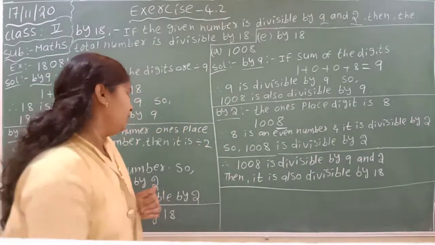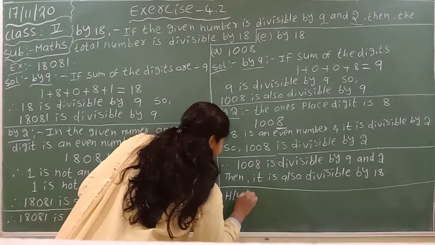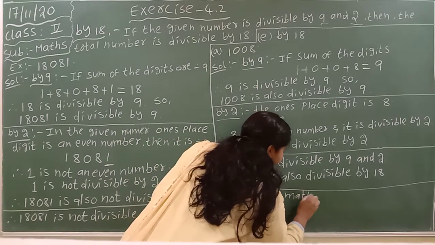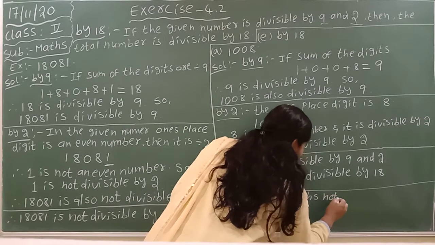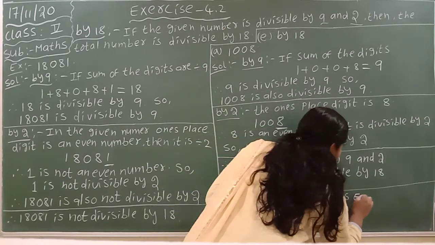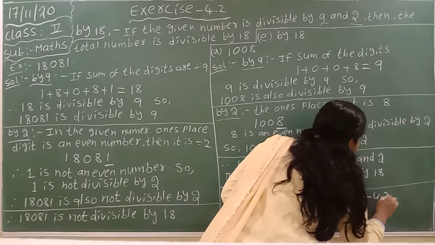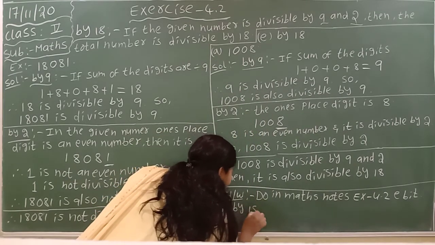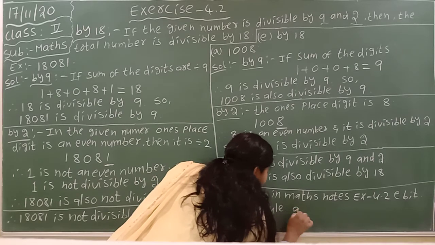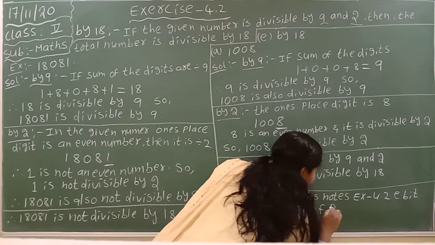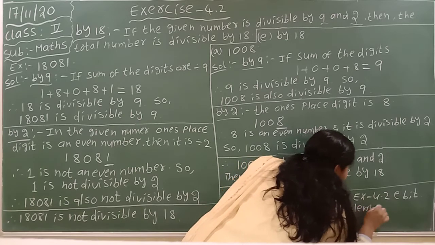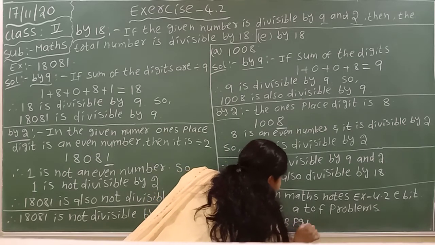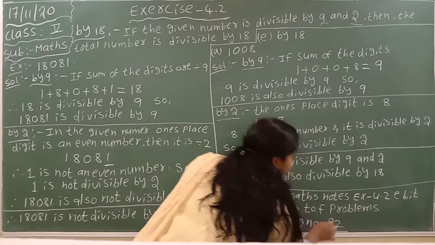Okay. So today your homework is to do in the math notes, exercise 4.2, E bit, that is by 18th rule, A to F problems. That is textbook page number 92.